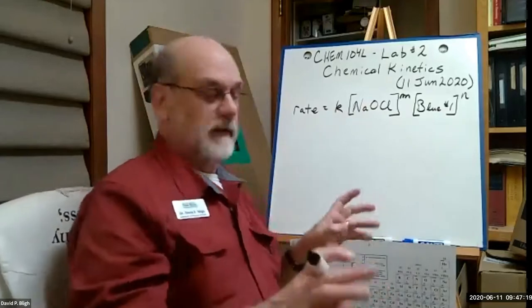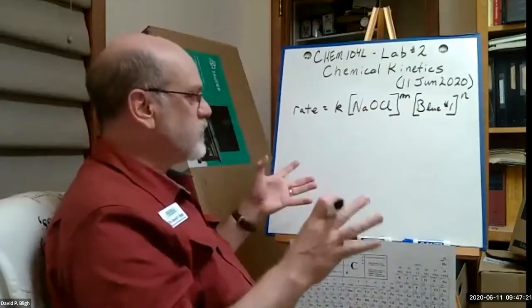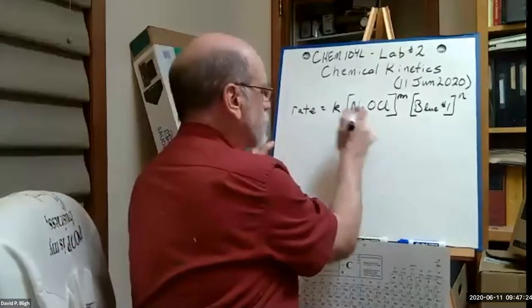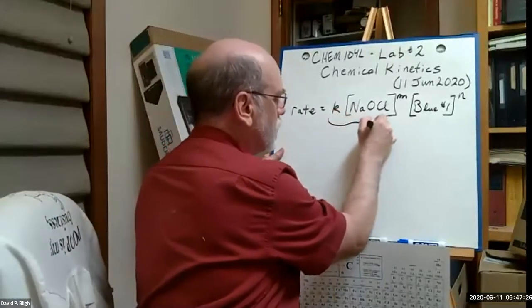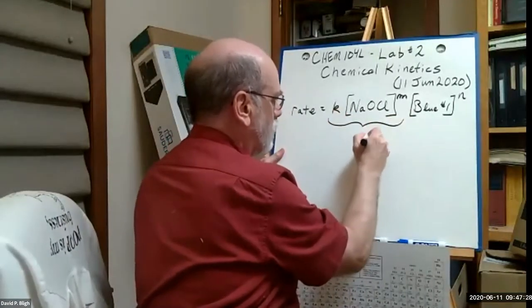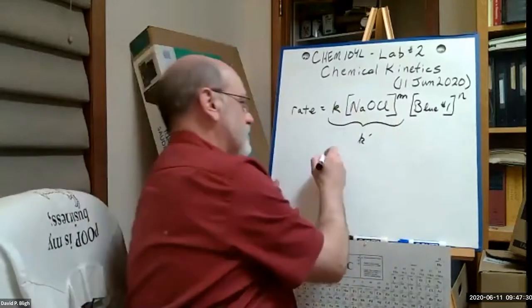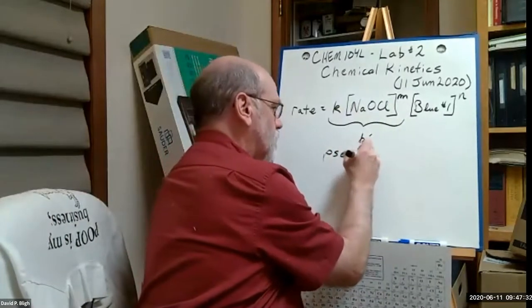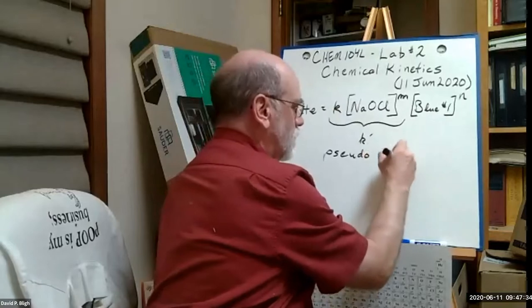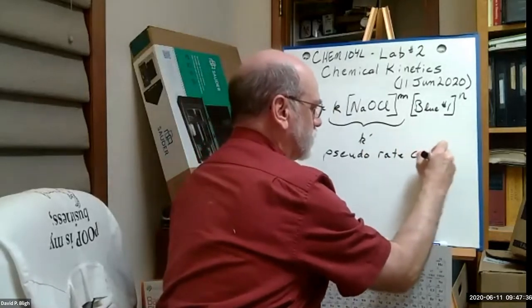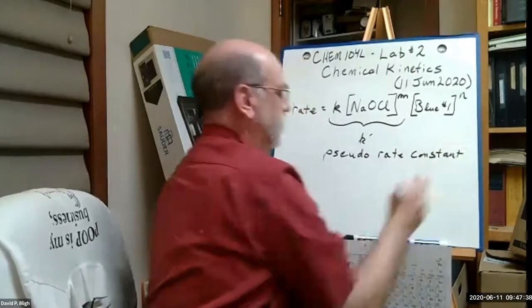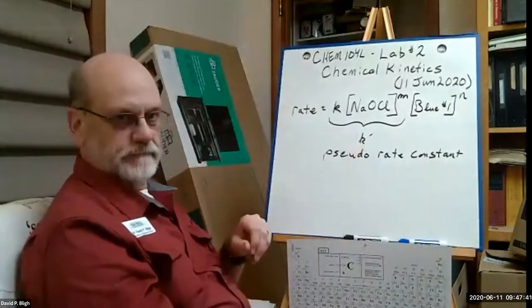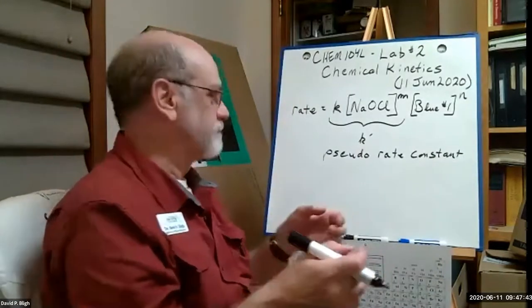Okay? So, in order to do that, this concentration becomes part of what we call a pseudo rate constant. Okay, that's our K prime, excuse me.